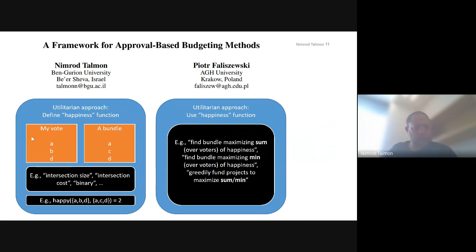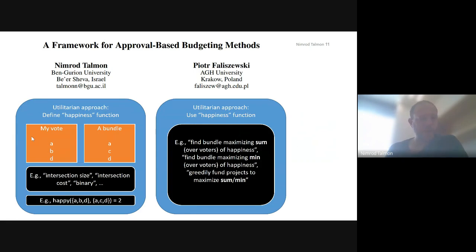Now the specific definition depends on the definition of the satisfaction that one voter gets from a specific bundle. There are several ways to define this, and this is what we try to do in this paper: to define several satisfaction or happiness functions, and for each one of them to see whether we can find a good algorithm that maximizes the total satisfaction based on this individual satisfaction function for each vote.